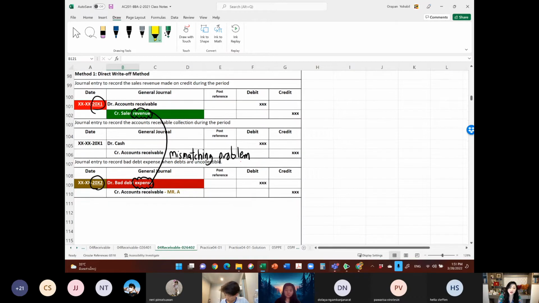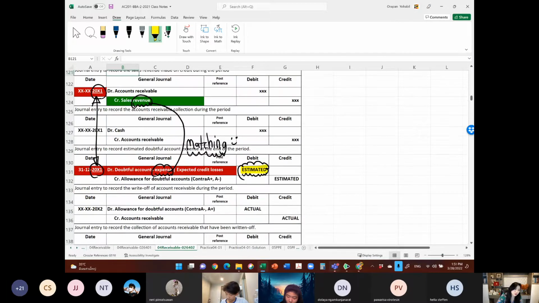If we keep waiting until we know for sure that the customer will not be able to make the payment, then we would have the mismatching problem. And we don't want that to happen in accounting.